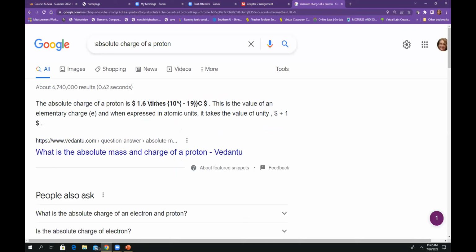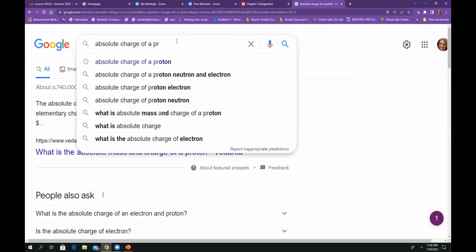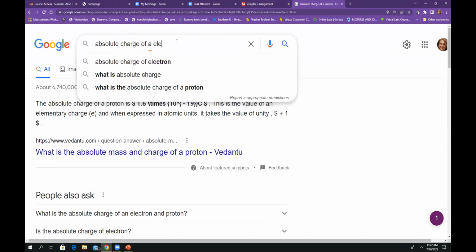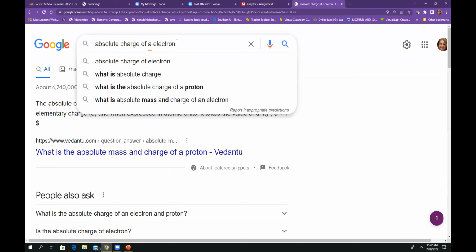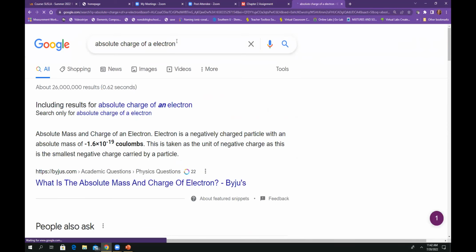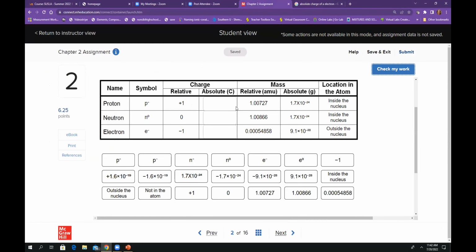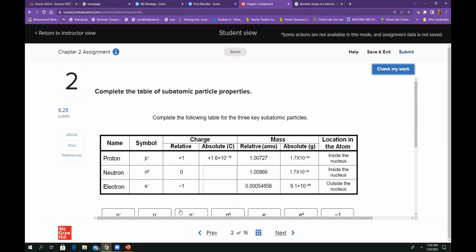Okay, so it was times 10 to the 19th. Gotcha. All right, neutron has 0. We know that, but the electron is going to be negative, I think. Yeah, okay, I got it now. I know what they're asking me now. C, okay, C for Coulomb. Okay. Gotcha now. I understand it now.